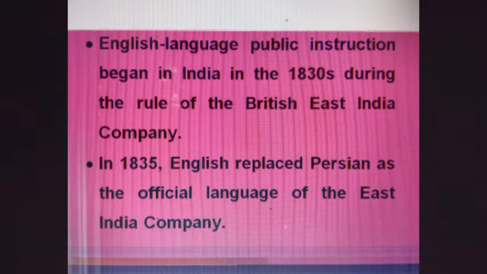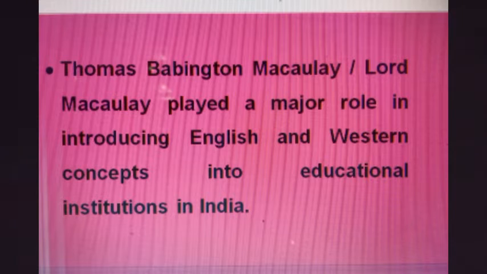English language public instruction began in India in the 1830s during the rule of the British East India Company. In 1835, English replaced Persian as the official language of the East India Company. Thomas Babington Macaulay, also called Lord Macaulay, played a major role in introducing English and Western concepts into educational institutions in India.